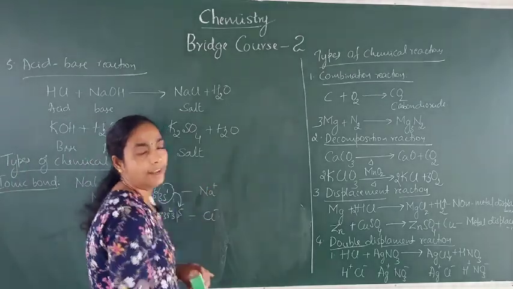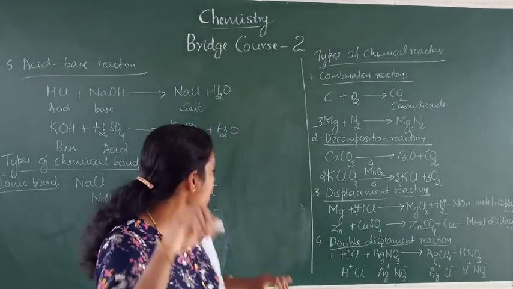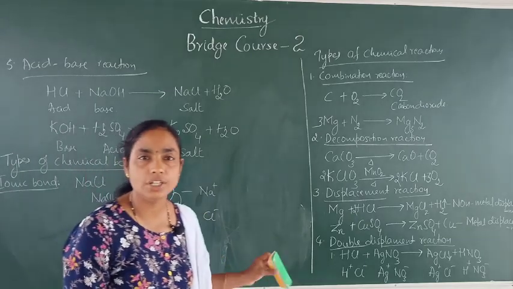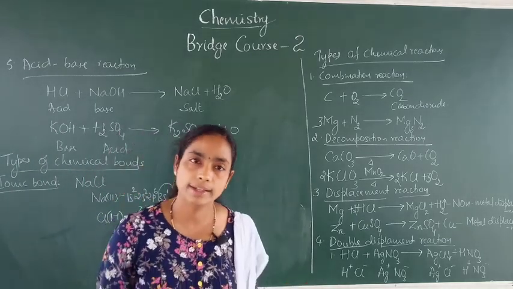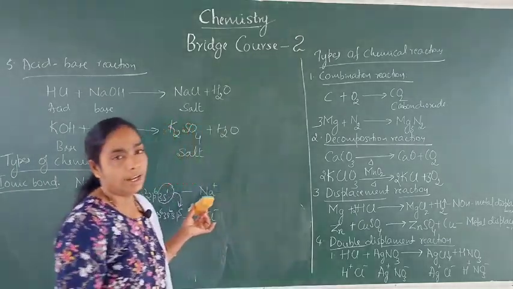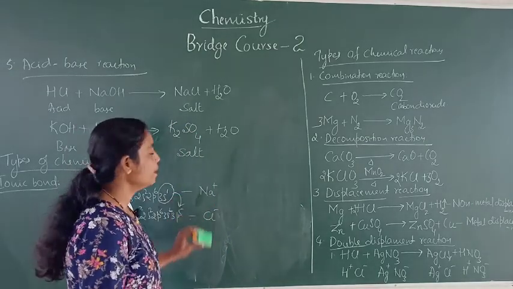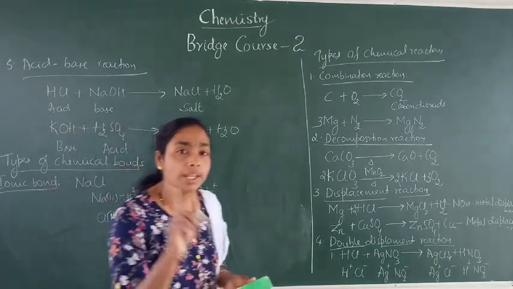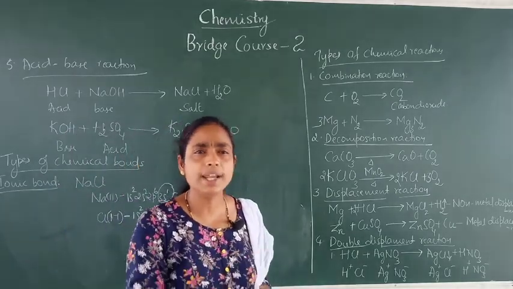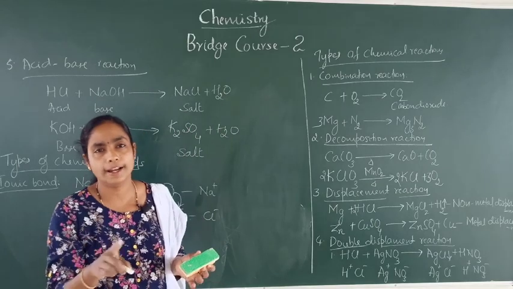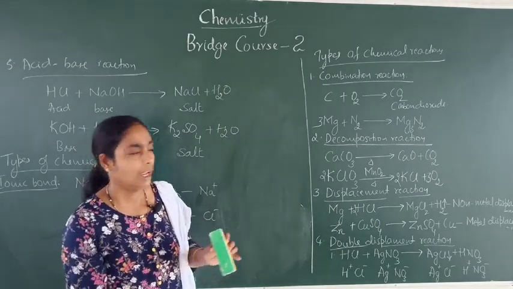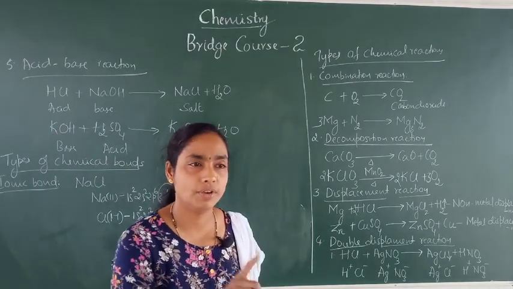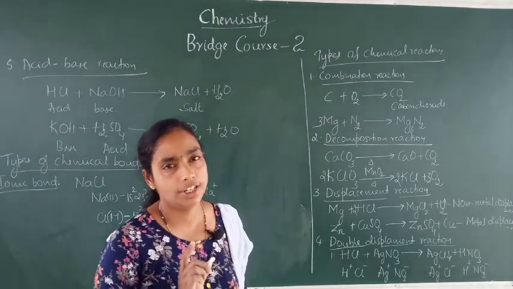Positive charge and negative charge is developed, and there is an electrostatic force of attraction between the positively charged ion and the negatively charged ion, and an ionic bond is formed between the sodium ion and chloride ion. Therefore, ionic bond is formed by the complete transfer of one or more electrons to another atom, and it is the electrostatic force of attraction between the positively charged ion and the negatively charged ion.